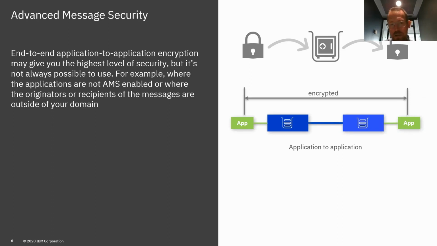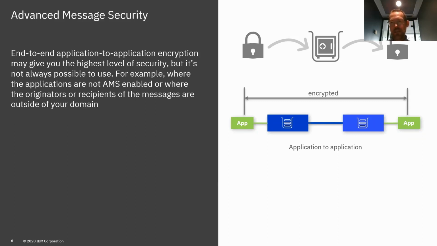Advanced Message Security gives you a way of doing this by getting the queue manager or the MQ client to automatically and transparently encrypt and/or sign message data at the point when it's put, until the point where it's destructively got at a later point. The value here is that the message, once it's encrypted at put time, is routing through your MQ network entirely encrypted until the end getting application gets it.